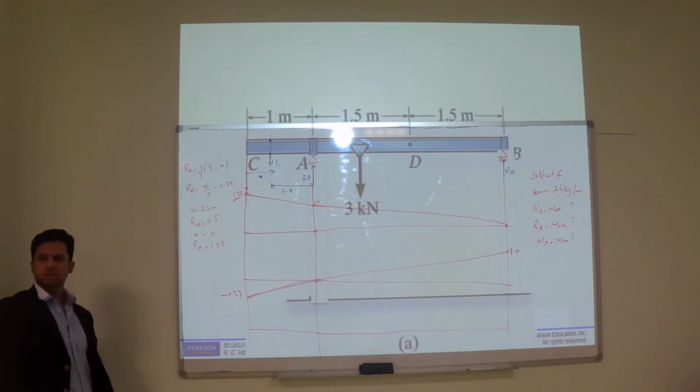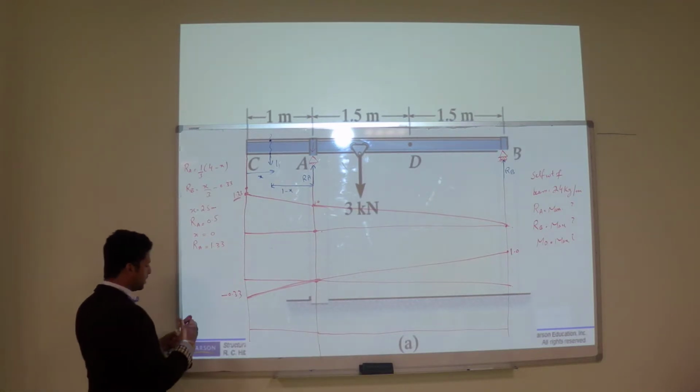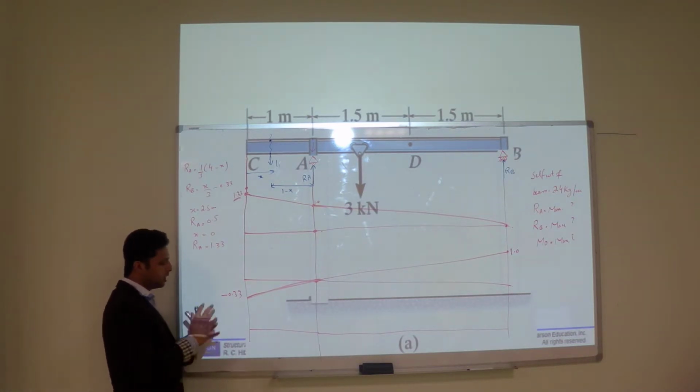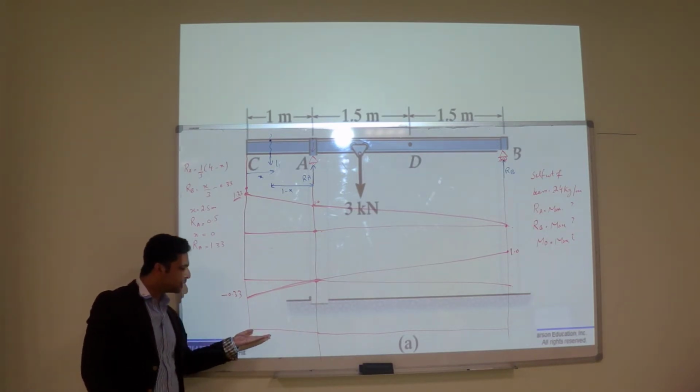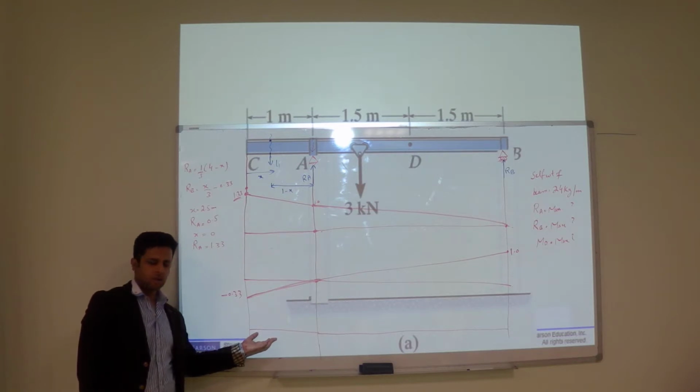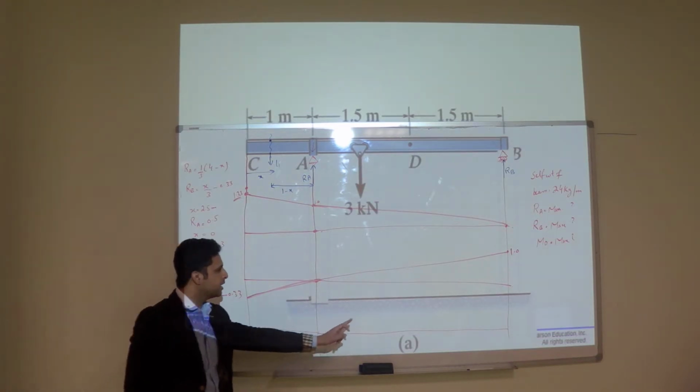So if the load is here, I mean what we need, make yourself very clear. We have to draw the influence line diagram for moment. We need 3 points, 1, 2 and 3.